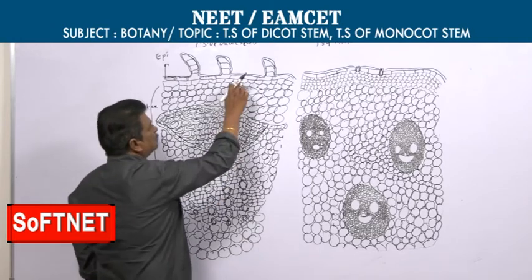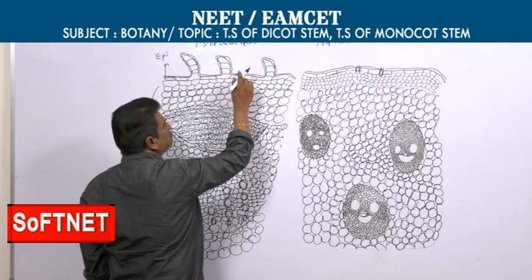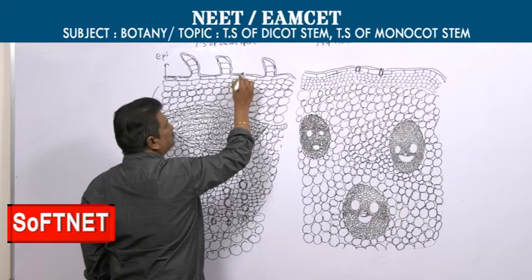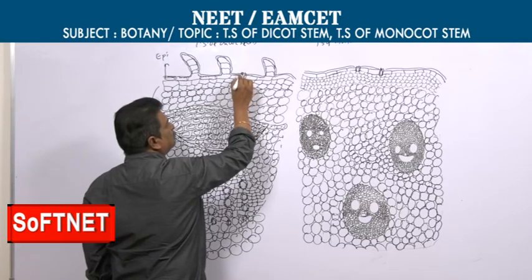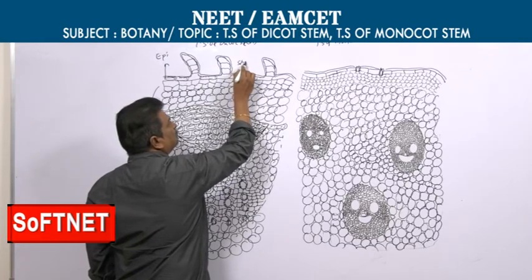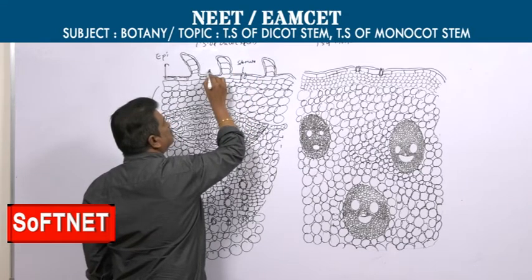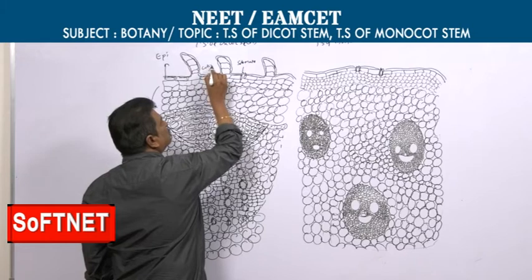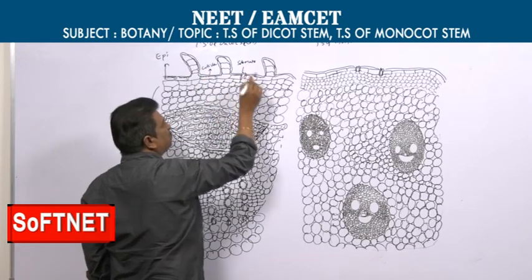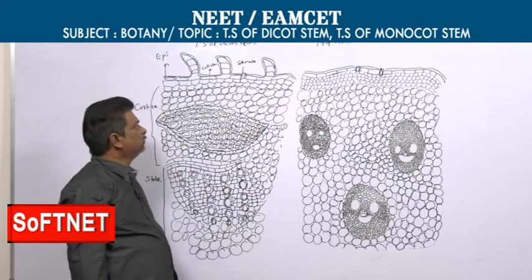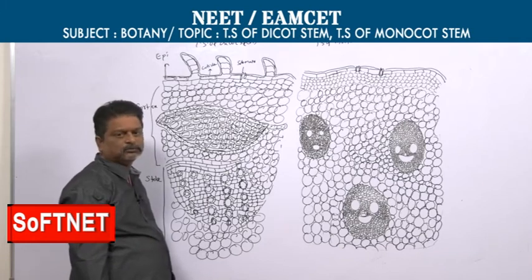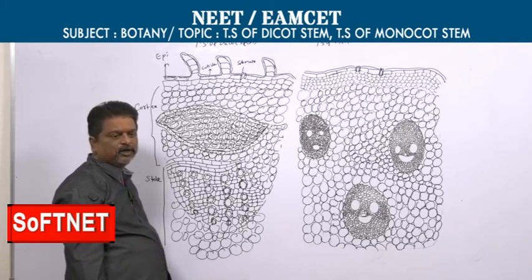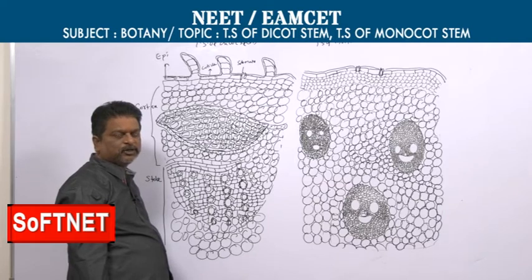Then the stem epidermis contains stomata and cuticle. So, function of stomata: through this stomata, transpiration and even exchange of gases, respiration takes place.